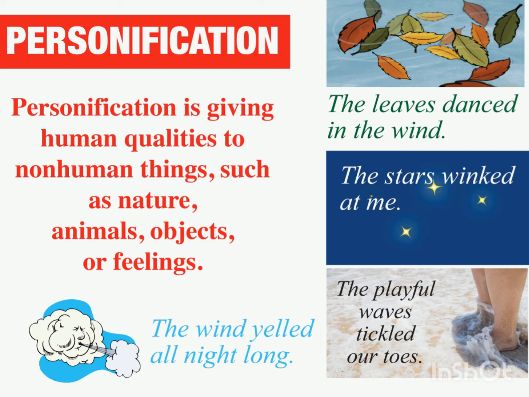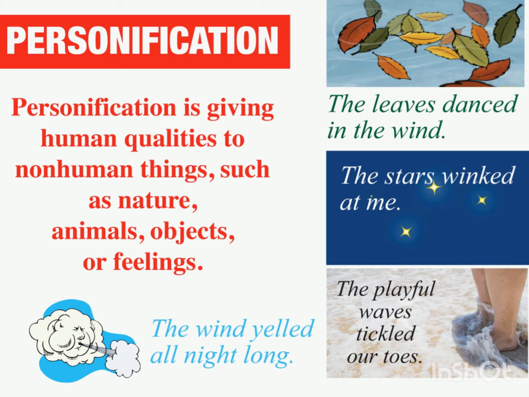The stars winked at me. When the stars blink, the writer feels that the stars are winking at him. The playful waves tickled our toes. We know that the waves do not tickle, but they crawl or move towards our feet or toes. So for the poet or the writer, it looks like the playful waves are tickling his toes.